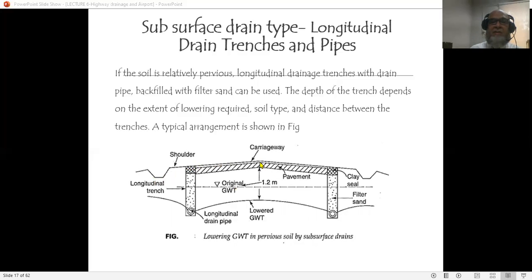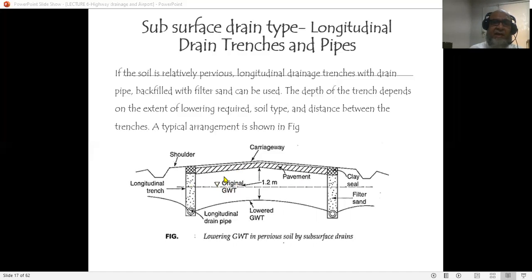Similarly, the water from this side will go on this side, and from the other side of the building the water will enter here. So that water will not be allowed to enter this area. Once the water is there, some of the water will go there, some will go there.